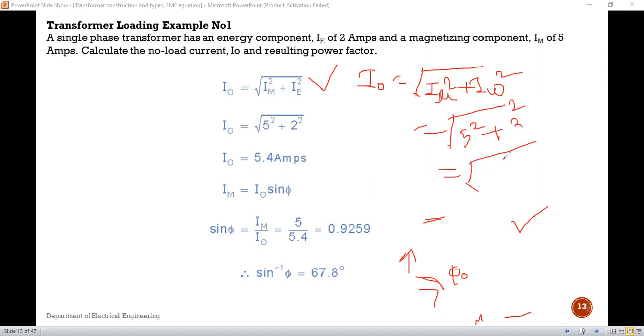So it becomes under root of 25 plus 4, which is nothing but under root of 29. So the value of I0 is 5.4 ampere.